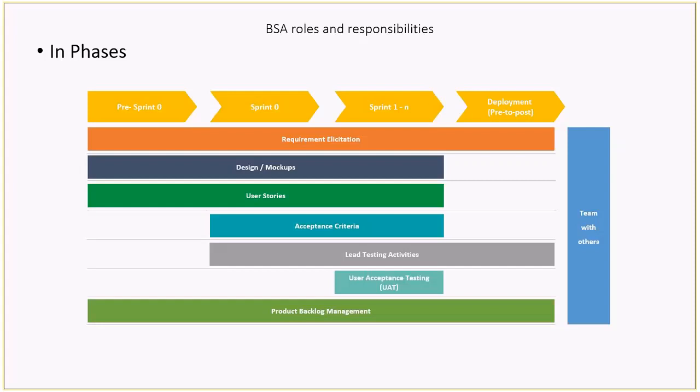Here the BSA plays a lead role in demoing the product to the business stakeholders, who will be the end users testing the product, maintaining the issues or bugs identified during UAT, conducting regular calls and interacting with the developers to fix those issues identified in your UAT, and keep tracking to see that no changes are coming in.